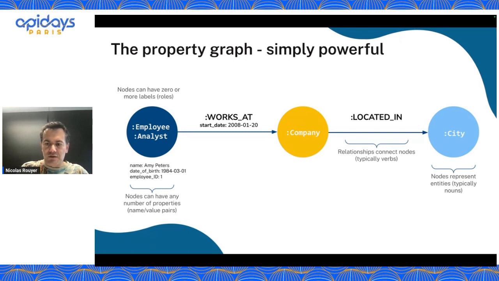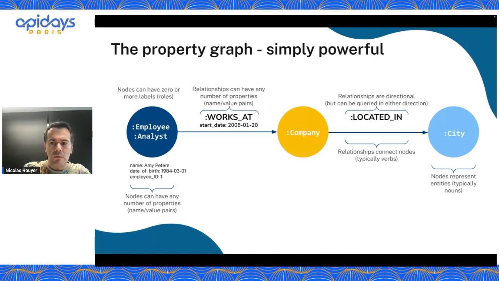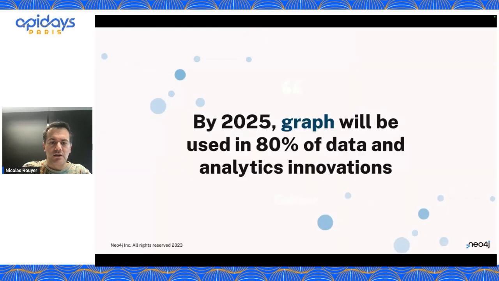The relationships connect nodes, and they are typically verbs. So we have a subject, predicate, and an object. And the relationships can have any number of properties, key value pairs, like nodes. And relationships are always directional, but they can be queried in either direction. But the direction is always stored in Neo4j.